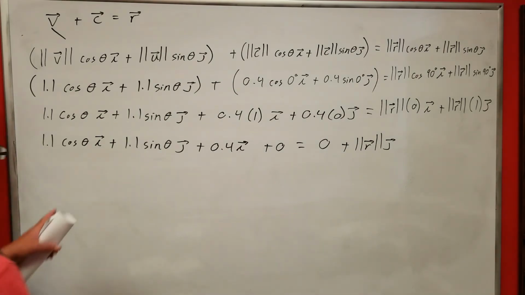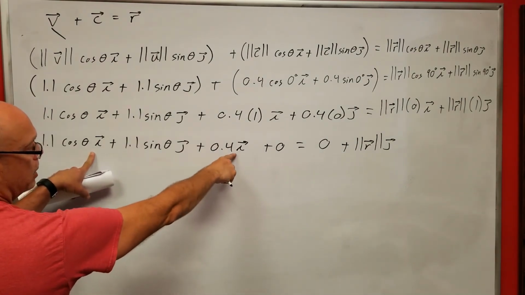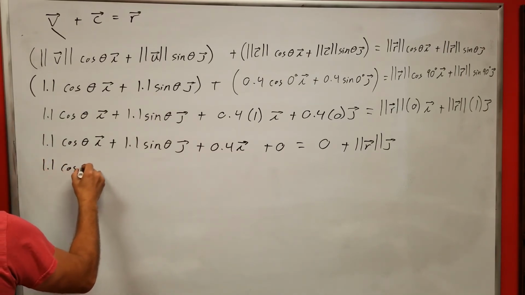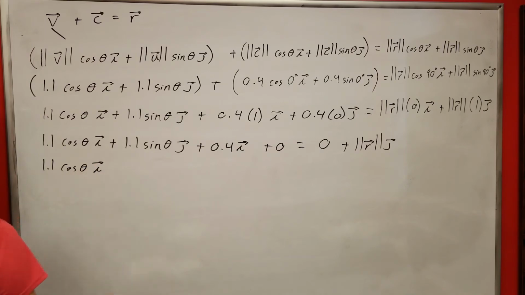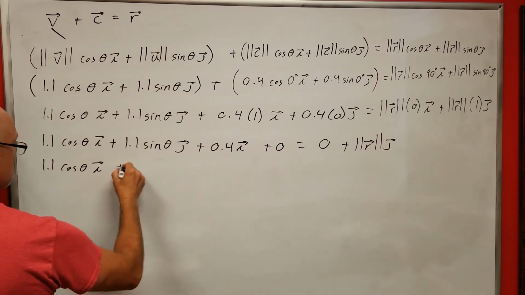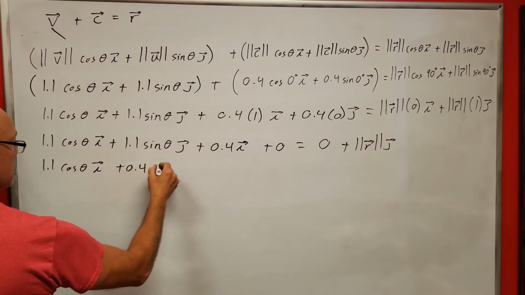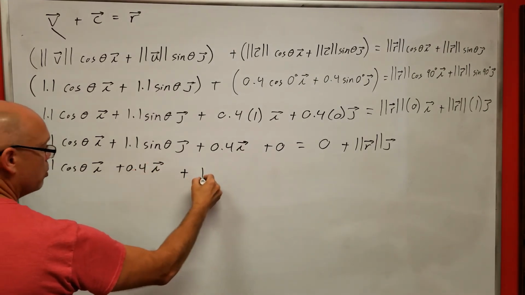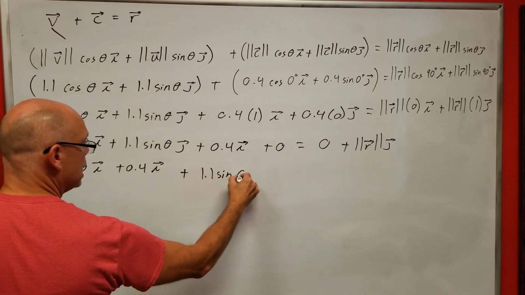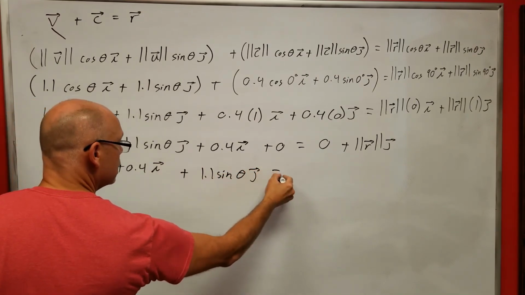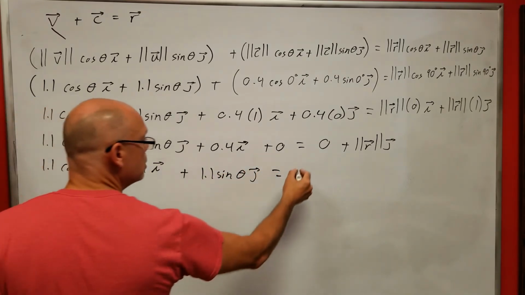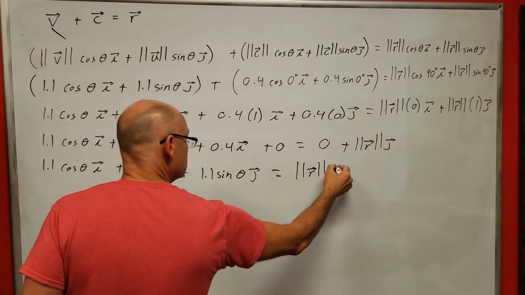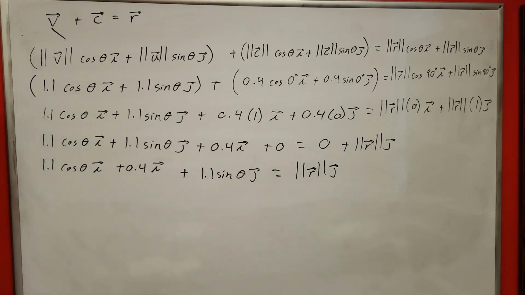All right, now let me put the parts of my I vector together here. So I'm going to have 1.1 cosine of theta times vector I plus 0.4 times vector I plus 1.1 sine of theta times vector J is equal to the magnitude of vector R times vector J, right?